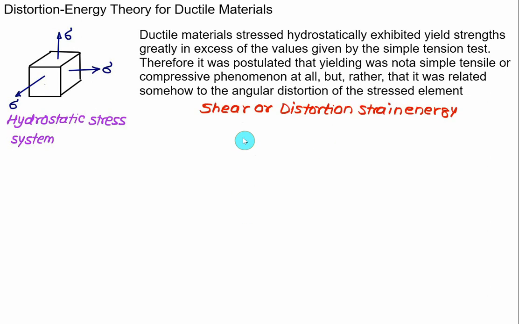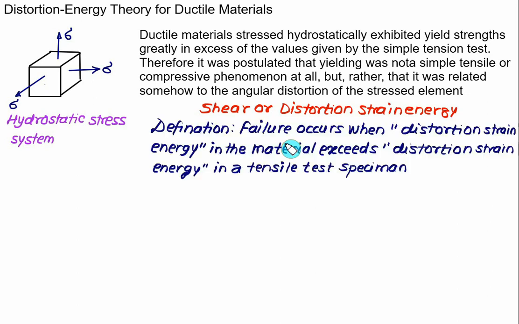So here the objective is to find the value of the shear or distortion strain energy. Once we are able to calculate it, then we can use the distortion energy theory for the ductile material. According to the definition of the distortion strain energy theory, failure will occur when the distortion strain energy in the material exceeds the distortion strain energy in a tensile test specimen.